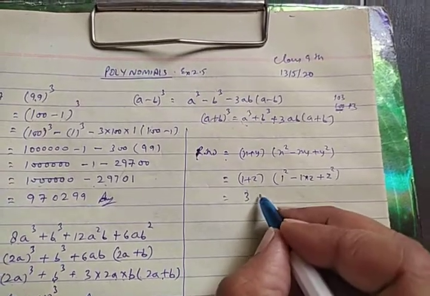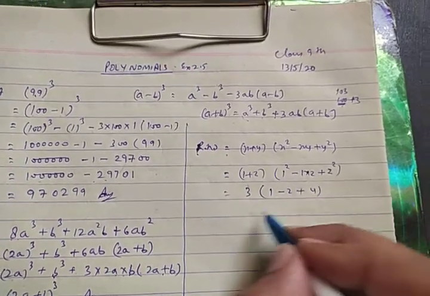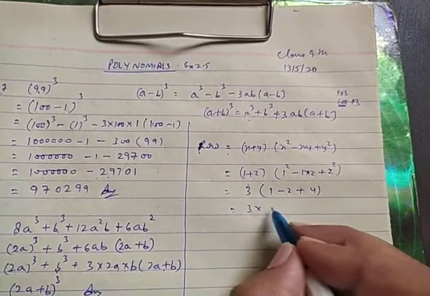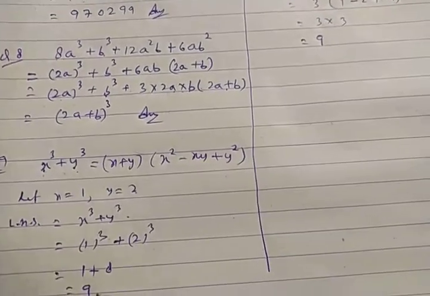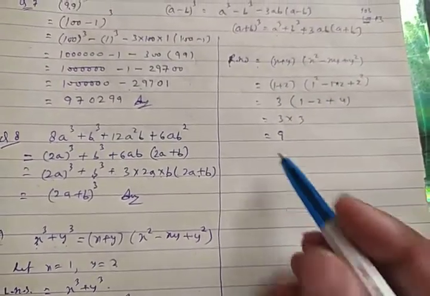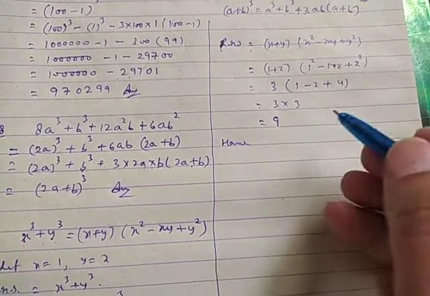This is 3 within bracket 1 minus 2 plus 4. This comes to 3, 3 threes are 9. Now the left side is coming 9, the right side is coming 9. Hence the given expression is verified.